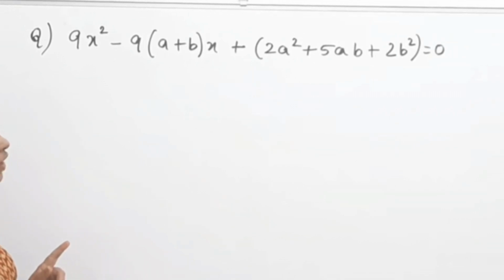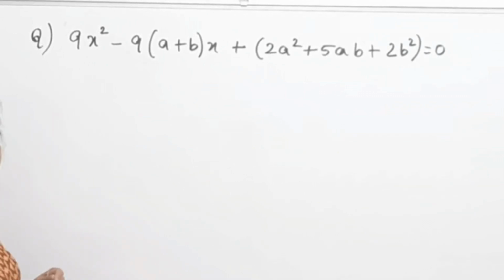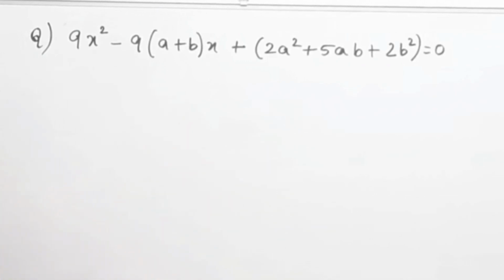It says solve for x, 9x square minus 9 into a plus b into x plus 2a square plus 5ab plus 2b square is equal to 0. Children, if you go for quadratic formulaic method, it will be very difficult to find. Why? Because your c itself is a bigger term, a bigger expression.